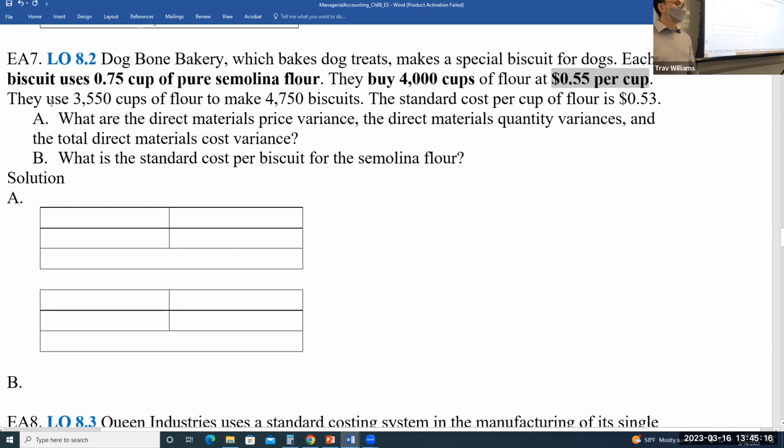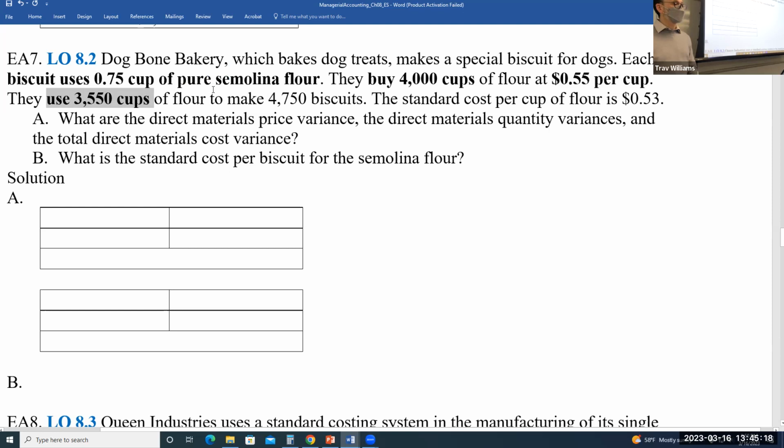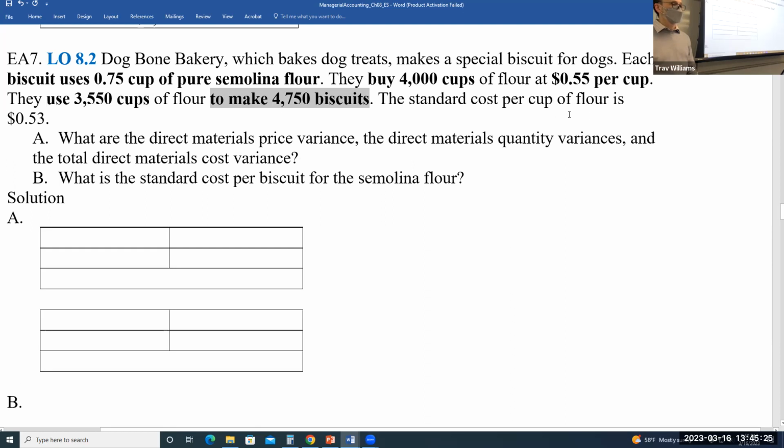They use 3,550 cups to make 4,750 biscuits. And the standard cost for a cup is 53 cents. Okay. Here they're asking, what are the direct materials price variance and the direct materials quantity variance and the total?